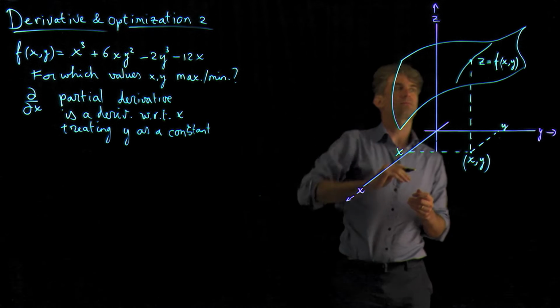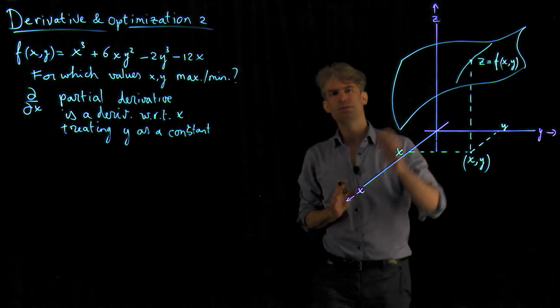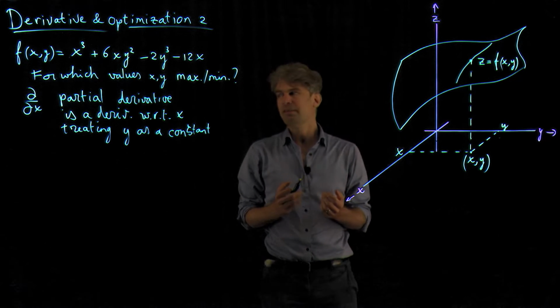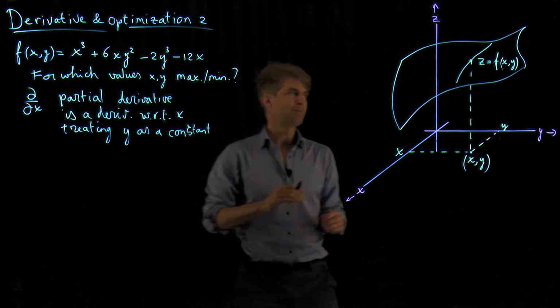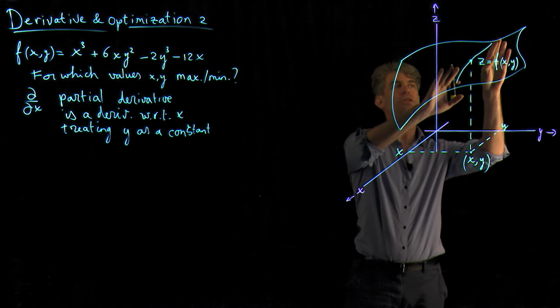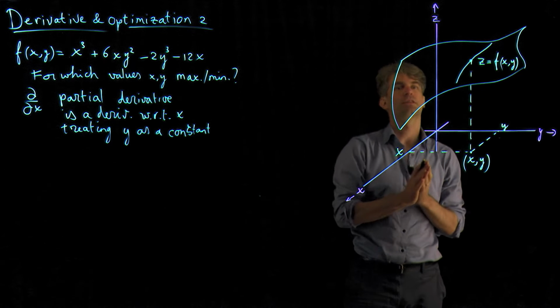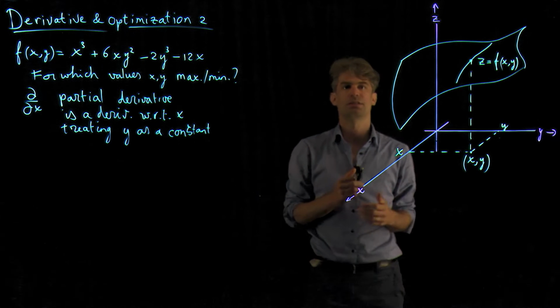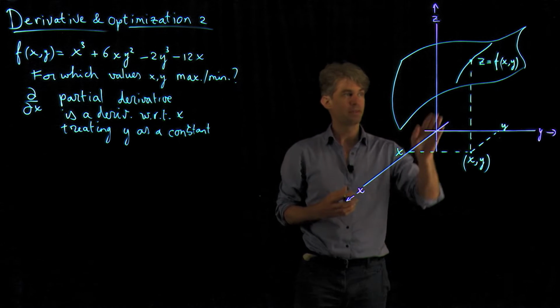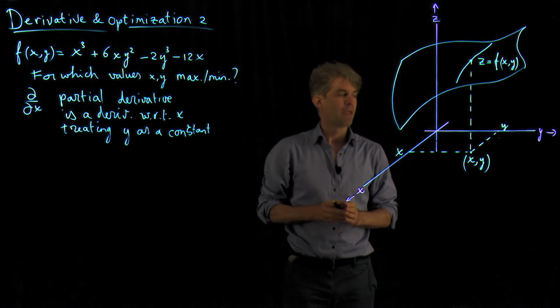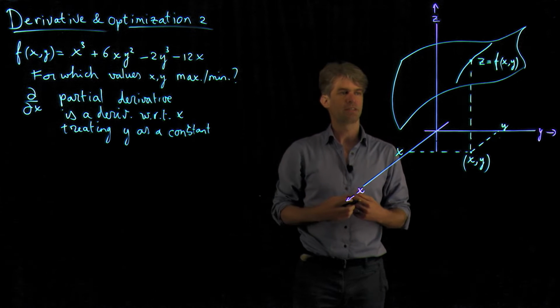Right? So that's a one-dimensional curve. And now the partial derivative is simply the slope of this curve. So as x increases, how does the value of z increase? That type of slope in this intersection plane. So that's a very nice interpretation.